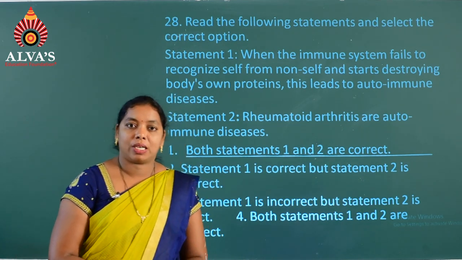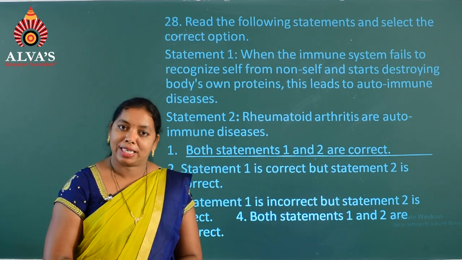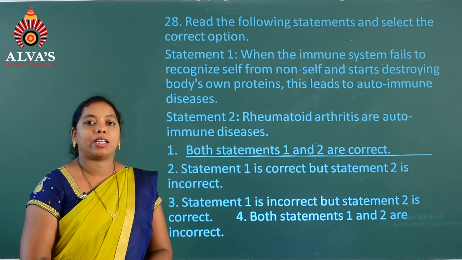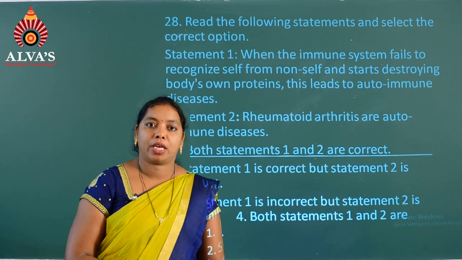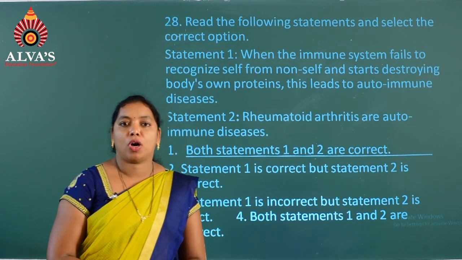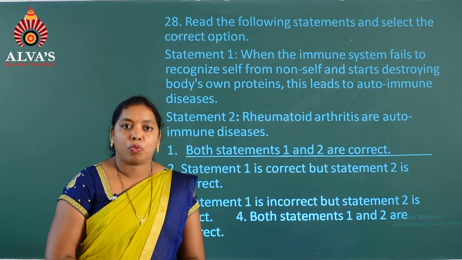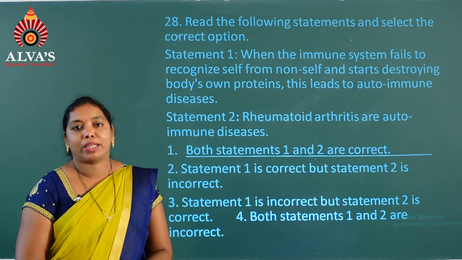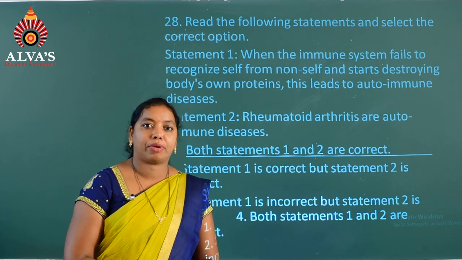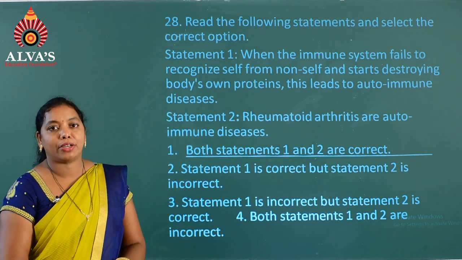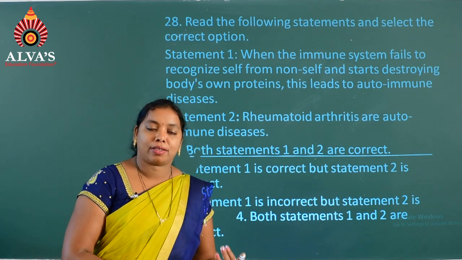Sometimes, due to some unknown genetic reasons, there is a process of autoimmunity, where our own cells are treated as non-self. In this memory based immune system, it sometimes fails to recognize self from non-self, and against its own cells it prepares antibodies, and these antibodies attack the body's own cells.